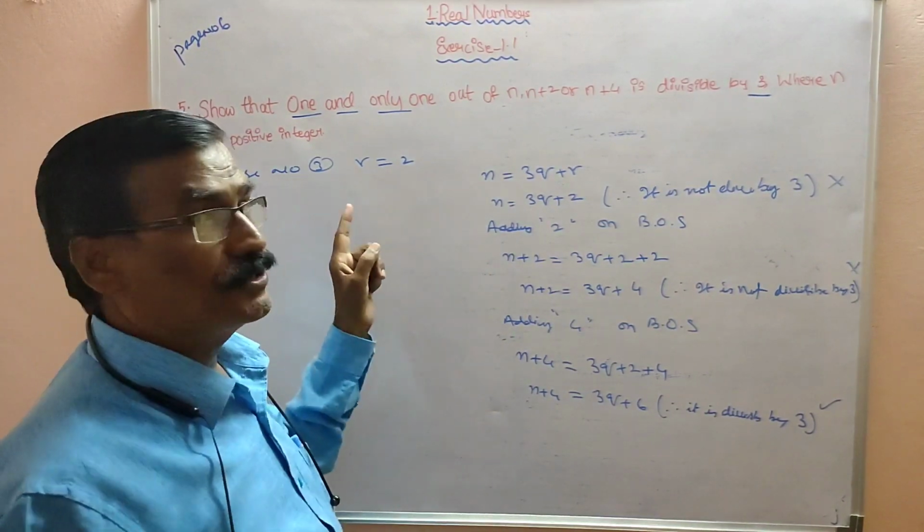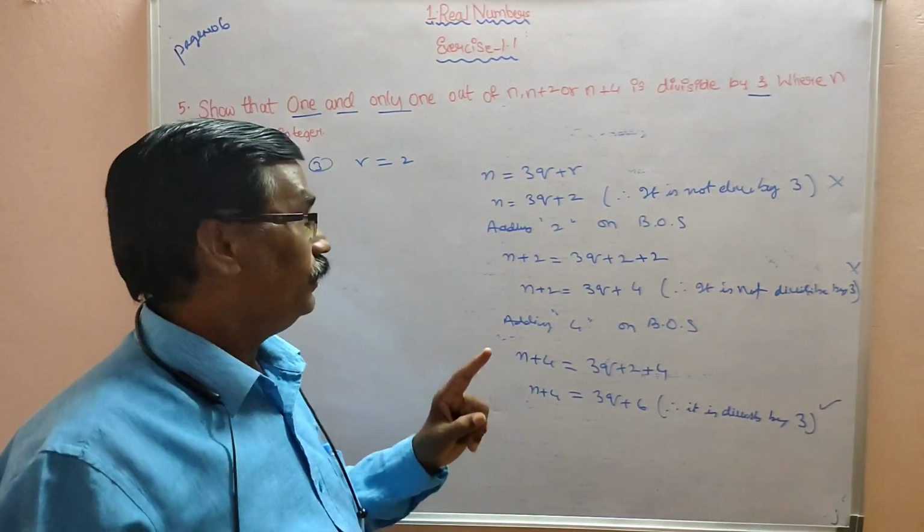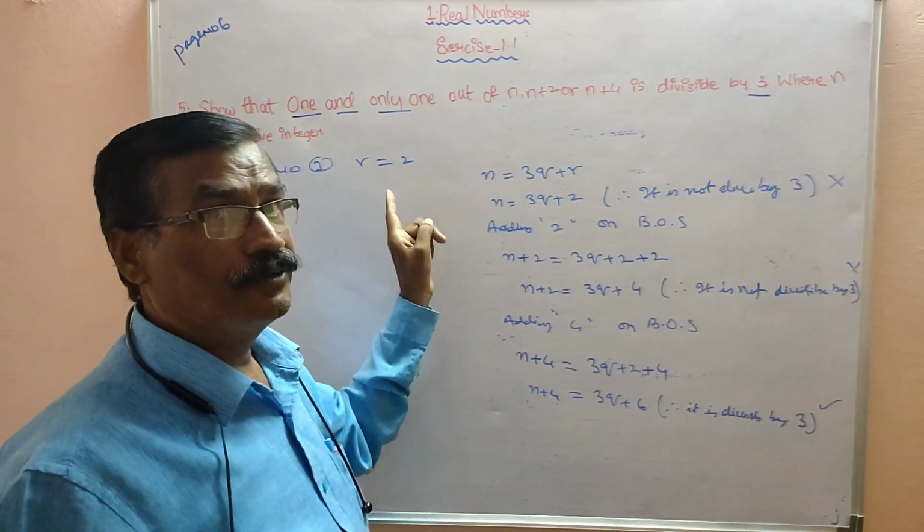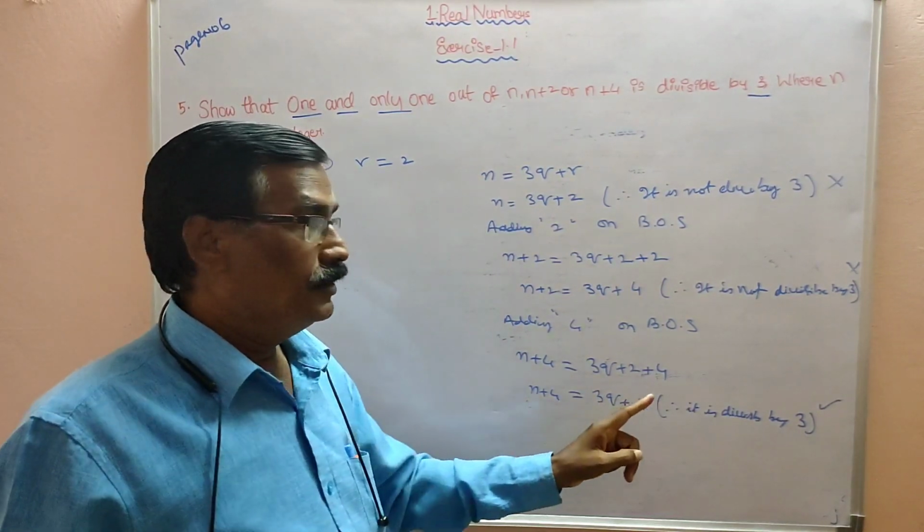See, in all cases, if we take r equal to 0, it is divisible by 3 only. If I take r equal to 1, it is divisible by 3 only. And if I take r equal to 2, it is divisible by 3 only.